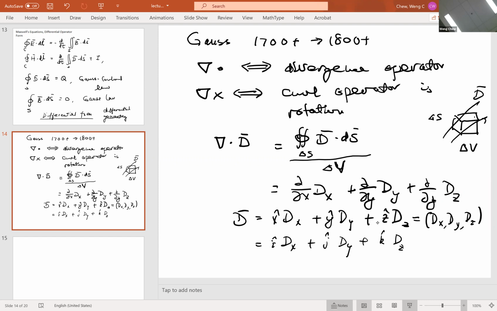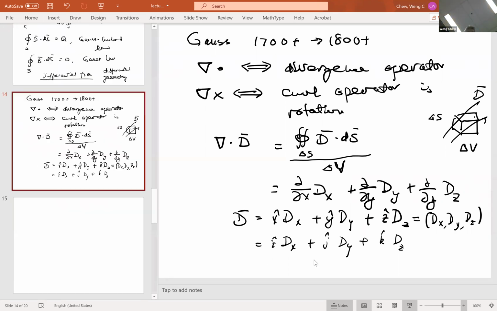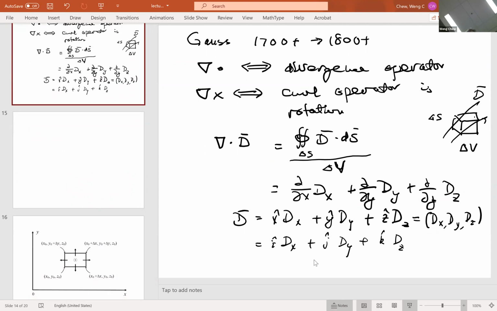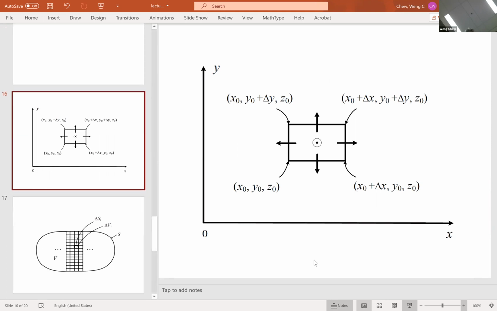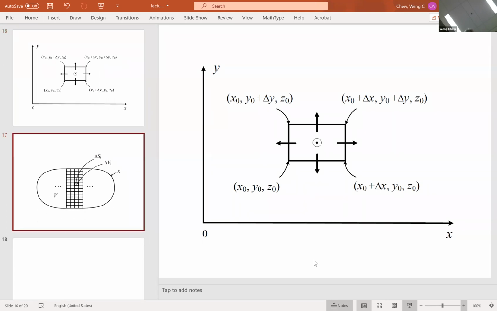But I'm not going to derive this identity. You read it up in the lecture notes, and the lecture notes will go through that. You can go through all the counting, and then you will have something very interesting.